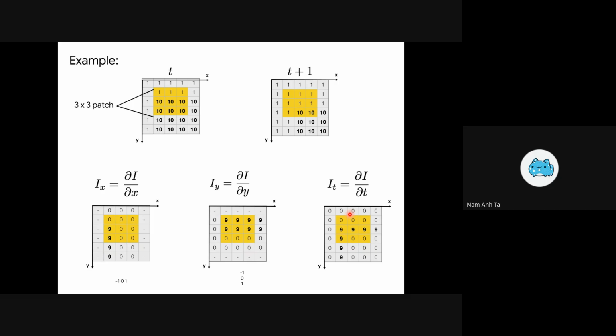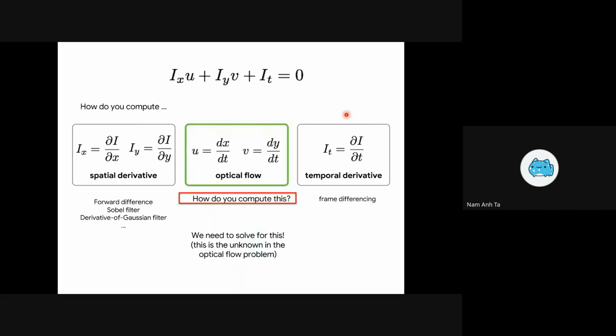Once we have these values, the x and the y spatial gradients, and the It, we can represent the optical flow using the traditional equation I showed before. This is the traditional equation. The focus of our solution lies in the unknown optical flow vectors, which are the u and v.